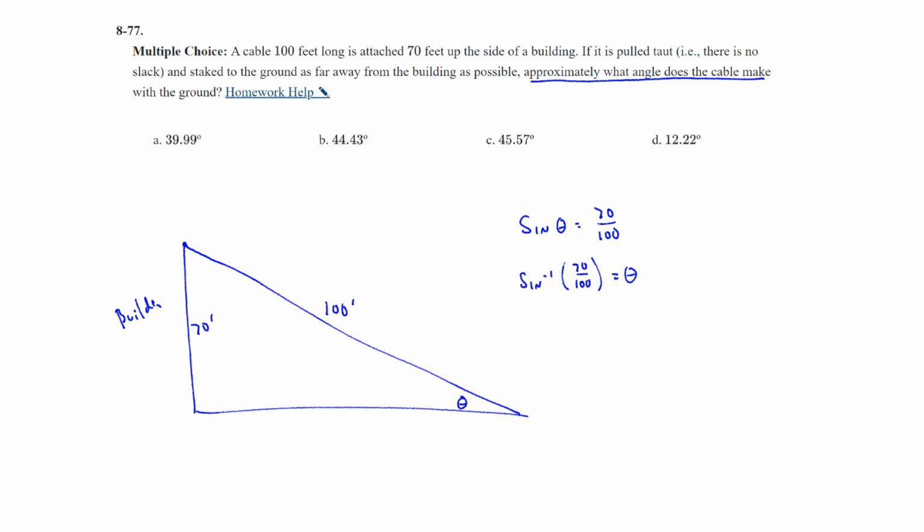And then if you plug the inverse of sine in your calculator, and you have 70 over 100, you will get an approximate answer for theta to be 44.4 degrees, and those go to two places, so I'll go one more place, 44.43 degrees, and that appears like answer B would be the correct one.